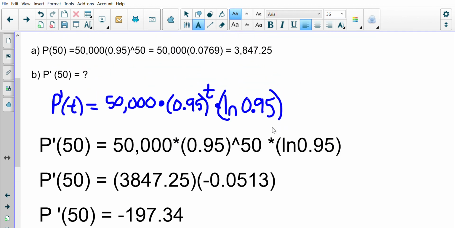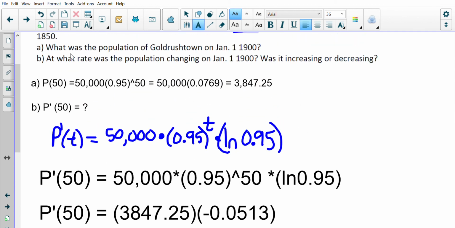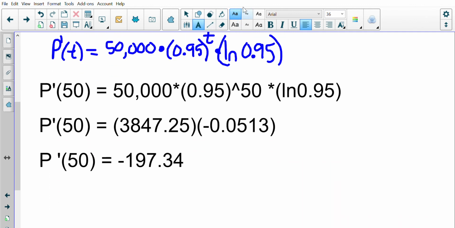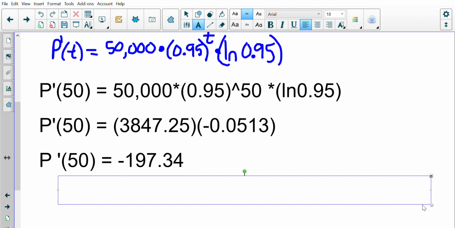I'm going to go back up to what the question's asking: at what rate was the population changing on January 1st, 1900? Was it increasing or decreasing? We got a negative value here, so it is decreasing, because it is a rate of change.